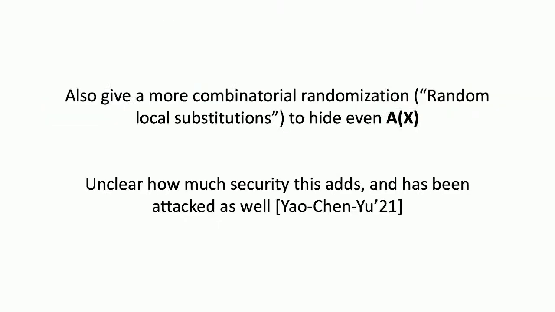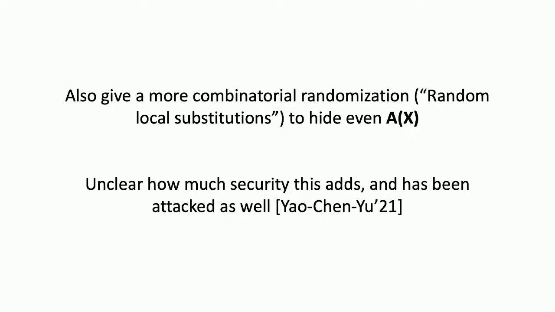In the paper, I'm not going to go into it in the talk, but we also discuss making the transformation from the original function f into the matrix A itself a randomized process, which is more combinatorial. This seems necessary, at least with this blueprint so far, because you need to hide A of X. A of X can't be guessed by the adversary, so we actually randomize the process of computing A of X. I don't know how much security this really adds, at least it defeats that attack.